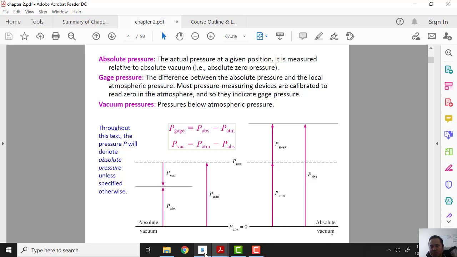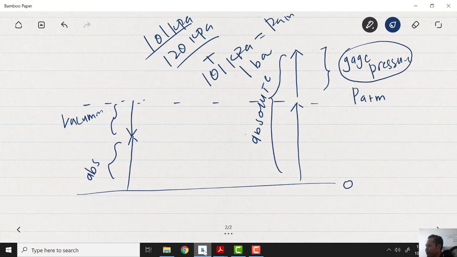So if you want to find the gauge pressure, here we have gauge pressure equal to PABS minus PATM. If you want to find the vacuum pressure, it is PATM minus PABS. So to find the gauge pressure, we subtract PATM from P absolute.